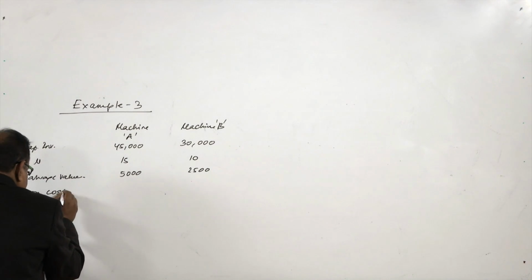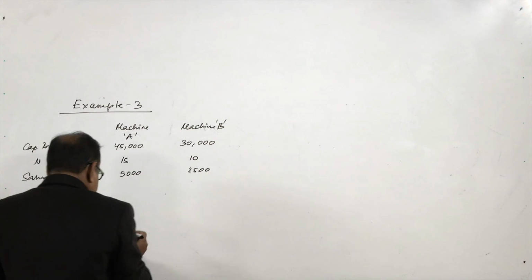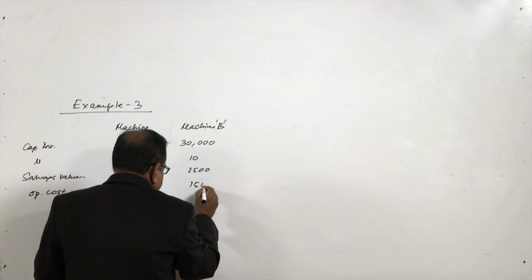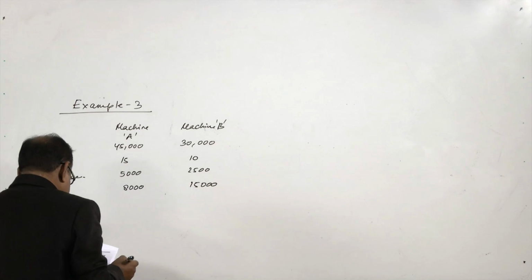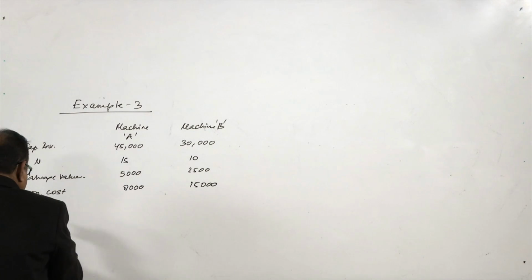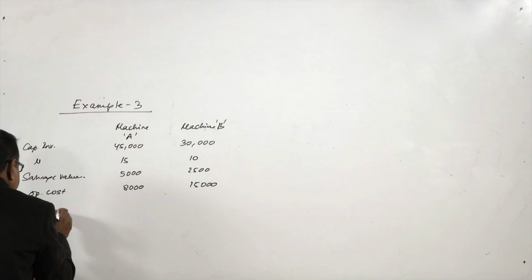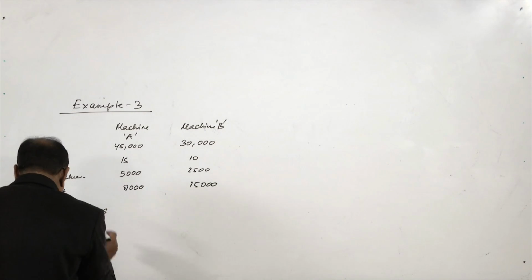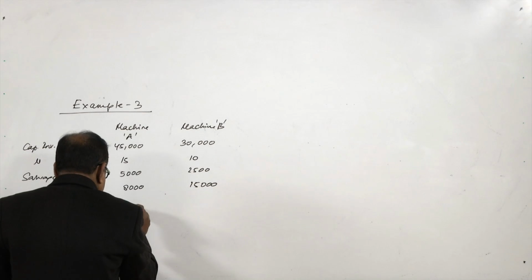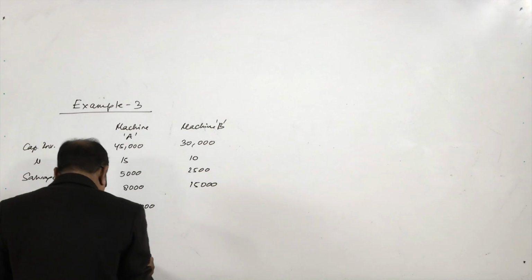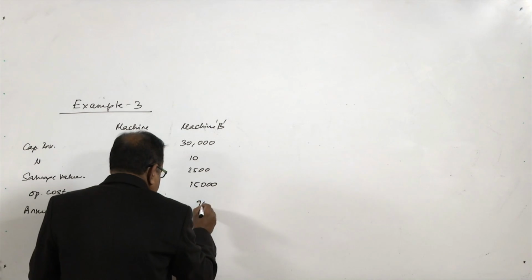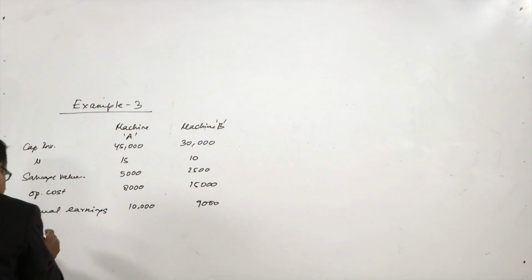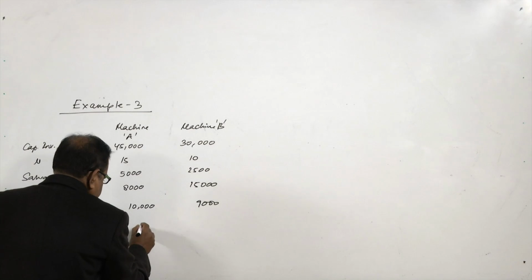Operating cost is 8,000 and 15,000. Annual earnings are 10,000 and 9,000, and minimum acceptable rate of return I is 10%.